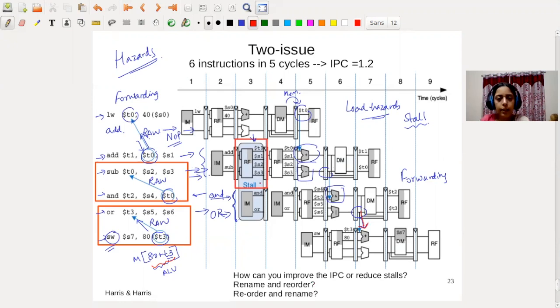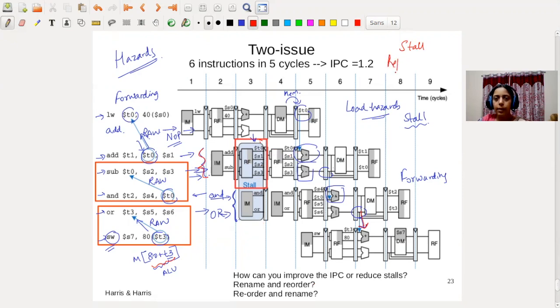Also note that the stalls always get carried forward. So how do the stalls get carried forward? You have a stall in the ID stage of this bundle, which means that the ID keeps repeating itself. So what does a stall mean? You keep repeating the same stage till you overcome the stall.